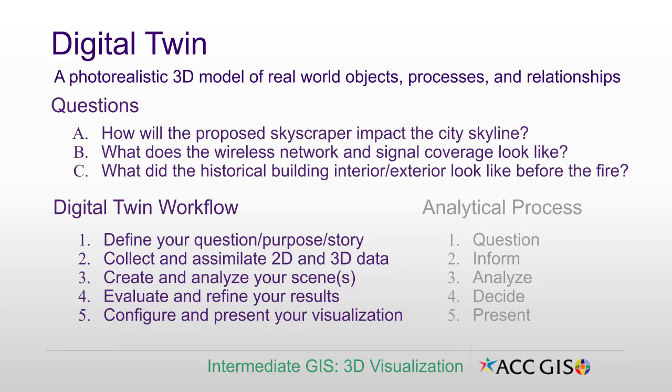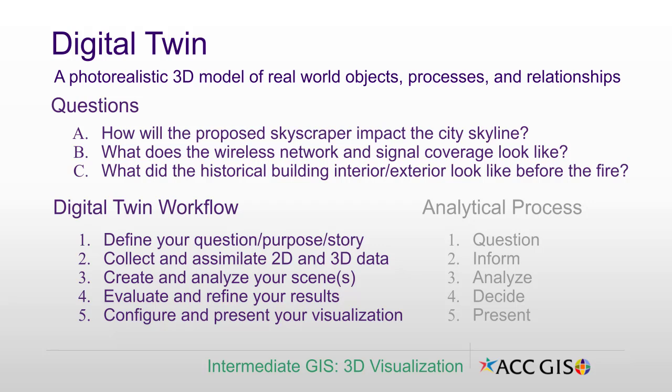What does the wireless network and signal coverage look like? And what did the historical building interior exterior look like before the fire? And matter of fact, when Notre Dame Cathedral burned down in 2019, they went back to some digital twin data that were created by a US college professor to help rebuild Notre Dame.